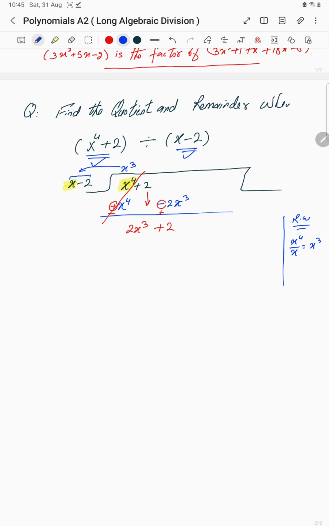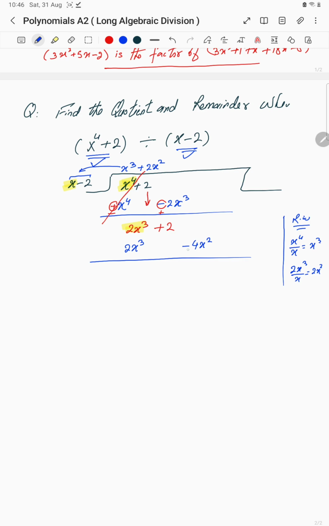Now you can see the first term is what? In the dividend we have 2x cubed, and the divisor is x. 2x cubed when divided by x, we get 2x squared. So write it here plus 2x squared, and now multiply this 2x squared with the entire divisor. 2x squared multiplied with x gives 2x cubed. 2x squared multiplied with minus 2 is minus 4x squared.